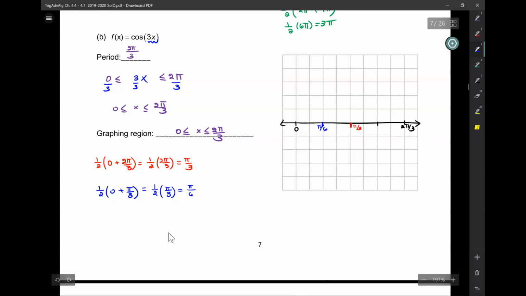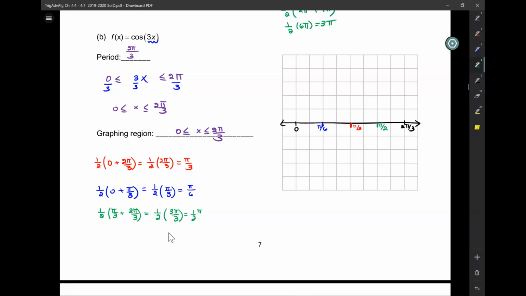Okay. Now for the green one here, that's halfway between the red and the black. So halfway between pi over 3 and 2 pi over 3. That's halfway between 3 pi over 3, which is half of pi, so pi over 2.